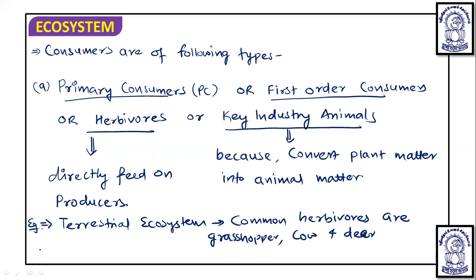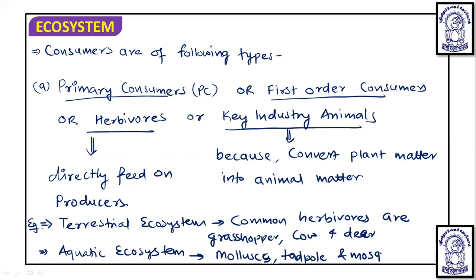Whereas in the aquatic ecosystem, the common herbivores are mollusk, tadpole, and mosquito larva. So these are the examples of herbivores in terrestrial and aquatic ecosystems.